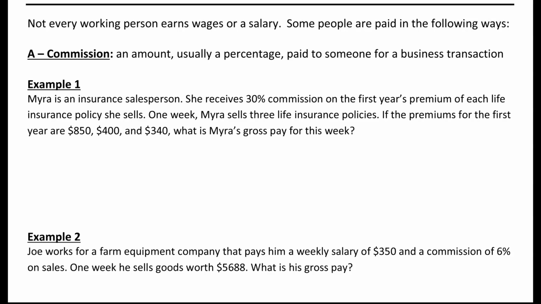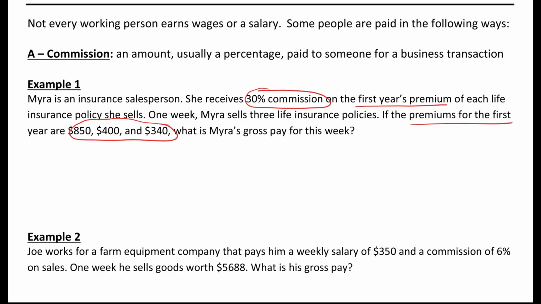Now, first, I'm going to highlight the important information from this couple of sentences. So she receives a 30% commission, and it's on the first year premium. The first year premiums that she sold were $850, $400, and $340. We're trying to calculate what her gross pay is based off of the commission.